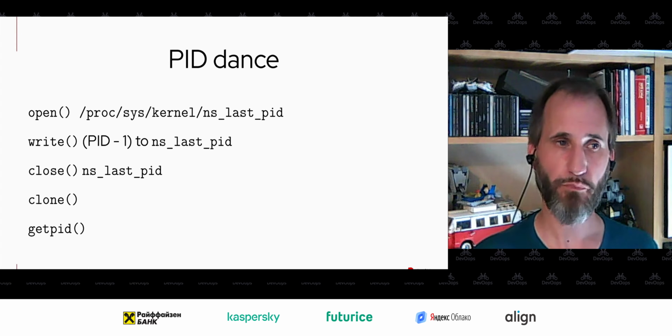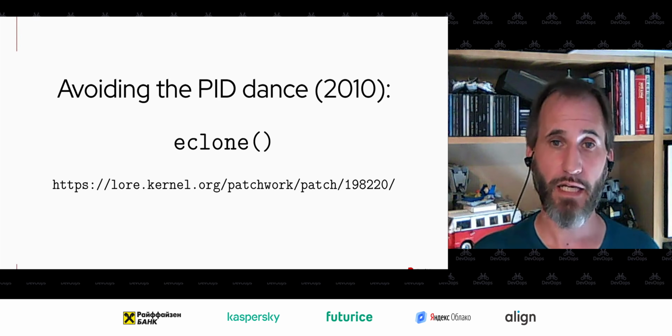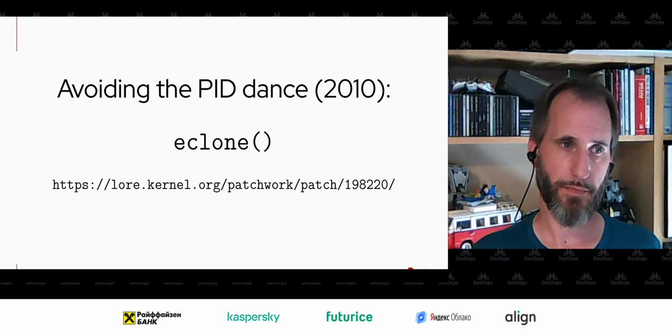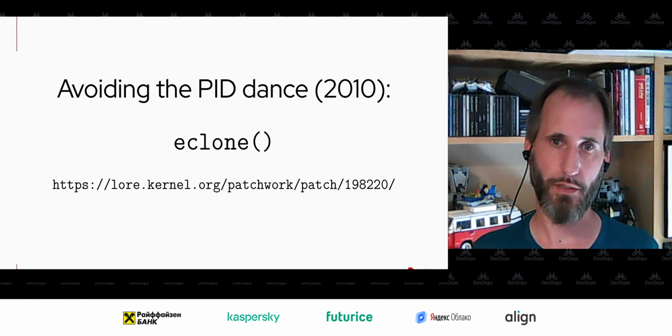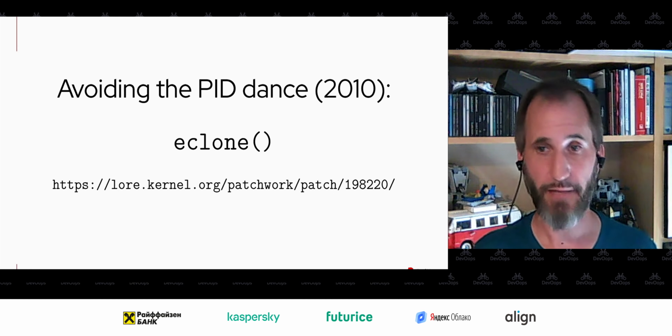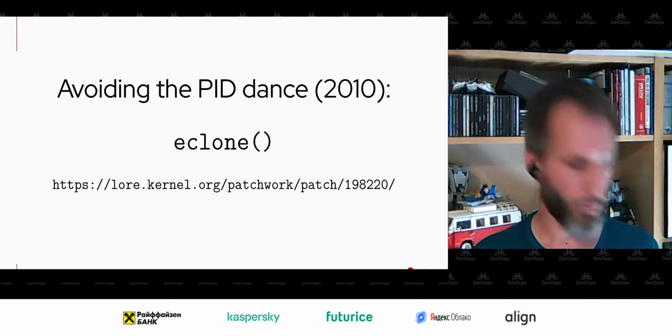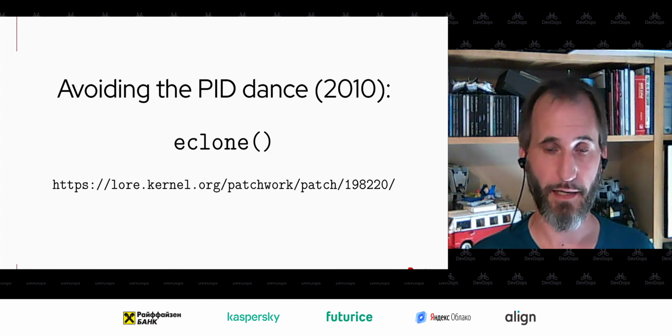To avoid this PID dance, there was actually something to create a process with a certain PID already in 2010. It was called eclone, but it was not merged in the Linux kernel at that time.